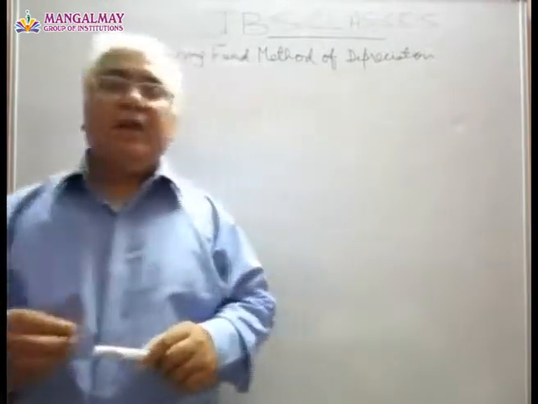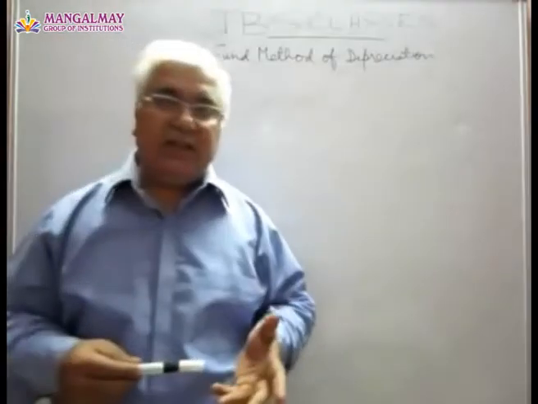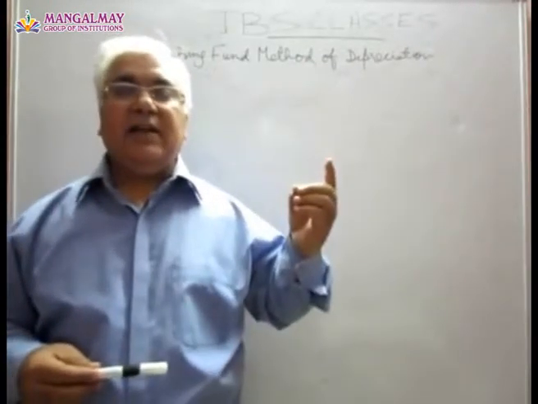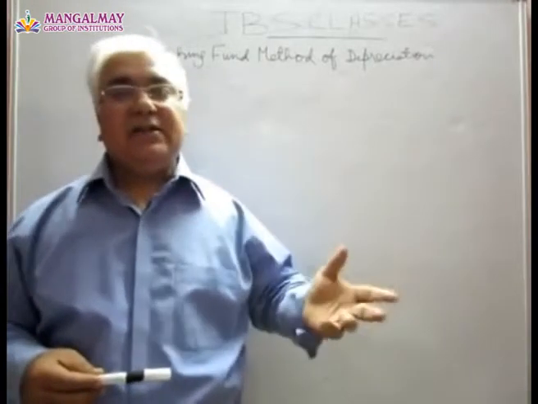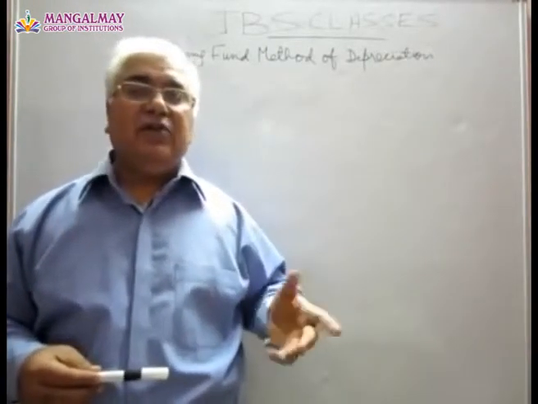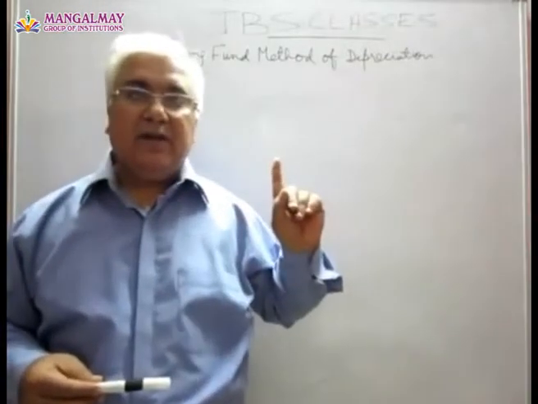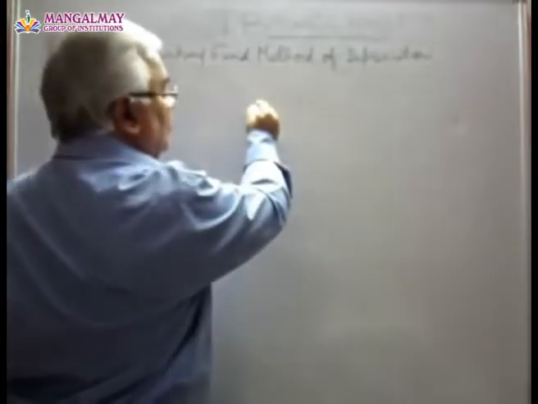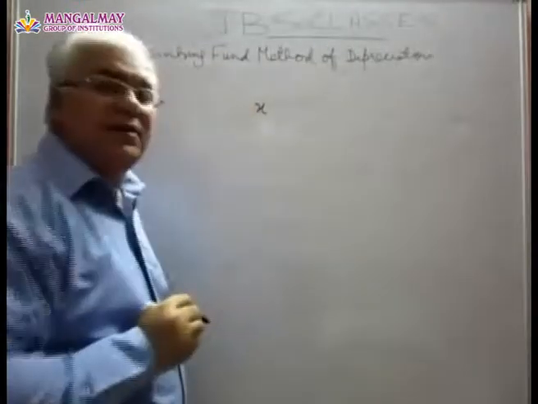Now in this method, our thought process is like this. If we need, say, ₹1 at the end of, say, 3 years, how much must we invest at the end of each year to get that ₹1? Let us say we need to invest X amount.